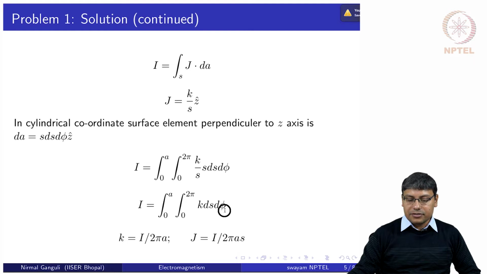When we have this kind of an expression, we can perform the integral and find the value of k. K is not necessarily the surface current density, so you can ignore this part here.